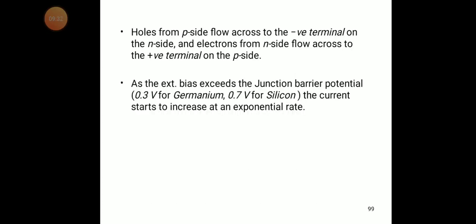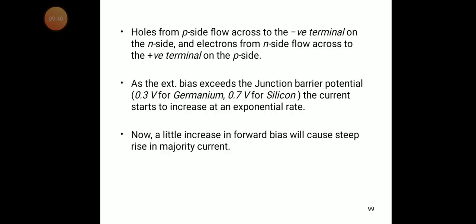As the external bias voltage exceeds the junction barrier potential, 0.3 volts for germanium, 0.7 volt for silicon, the current starts to increase at an exponential rate.